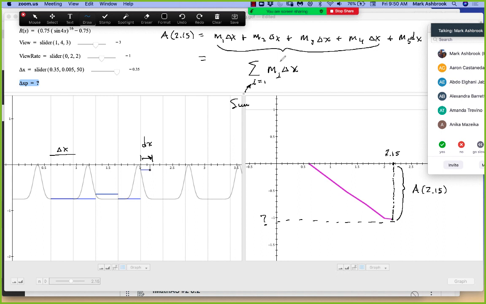We sum all those up, plus, and that's our r of x, that blue approximate rate function, the last rate for the current interval times dx. So the amount of accumulation is the sum of the accumulation from completed intervals, plus a little more accumulation from the current interval.